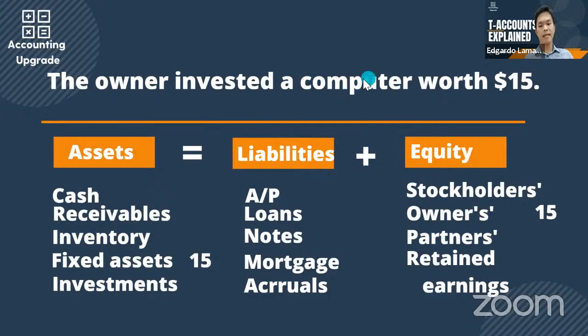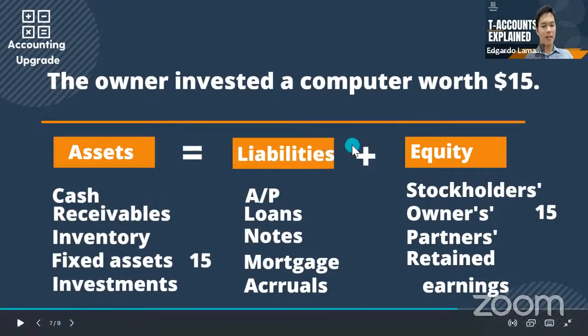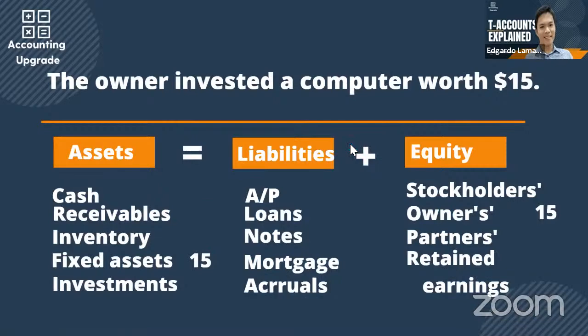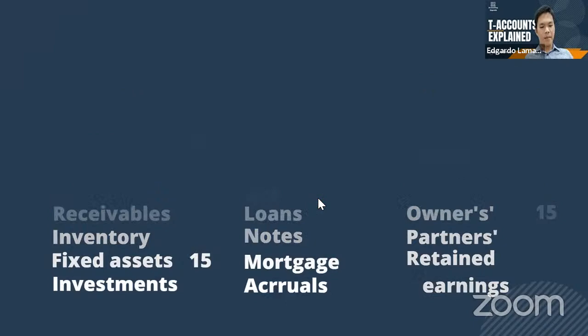A computer is an asset, so we indicate here the $15 asset. Since it comes not from a third party but from the owner of the business, we indicate $15 to the owner's equity. The accounting equation is again balanced. Very simple, right? Let's now go to the next example, the final one.